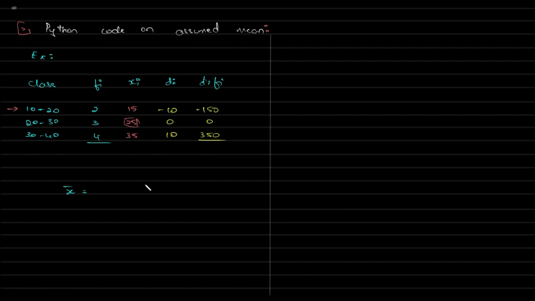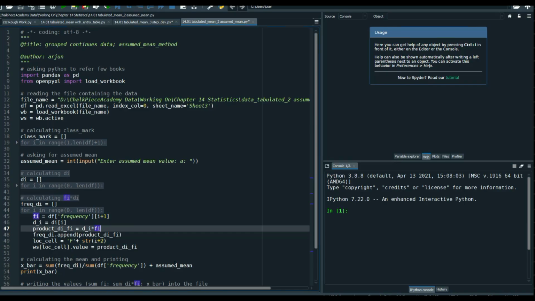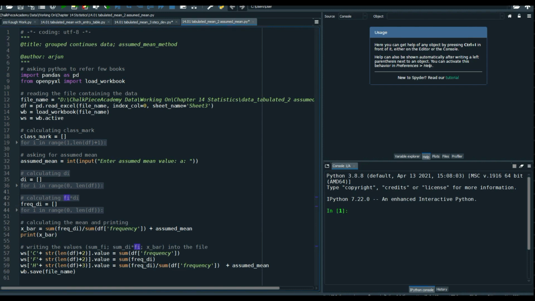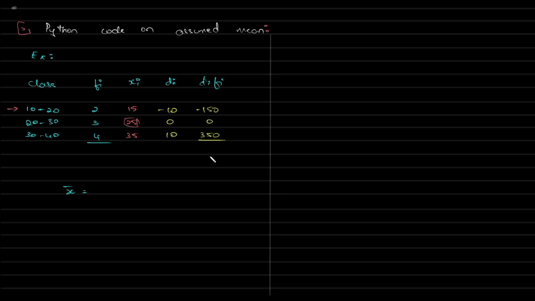Post that, what are we doing? This is done. We need to add them up. Add what? The product of fi into di. Oh sorry, this is not fi.